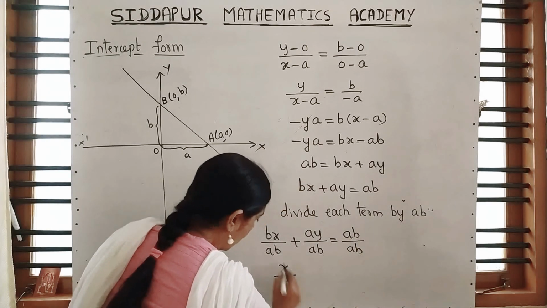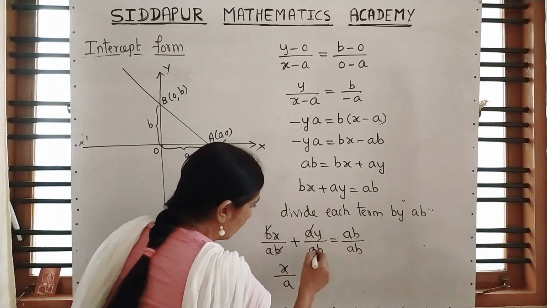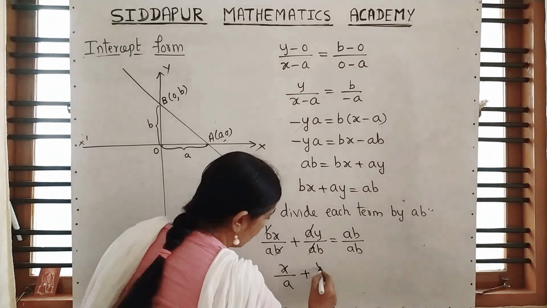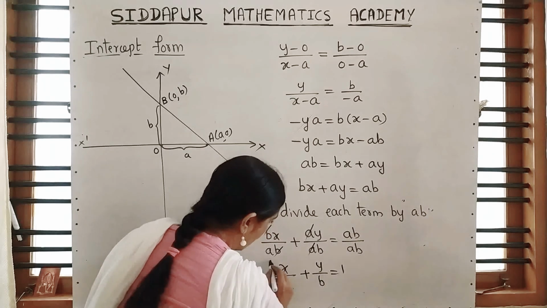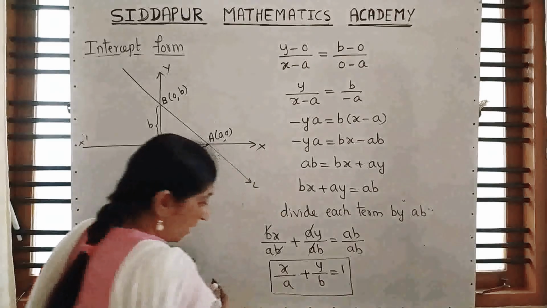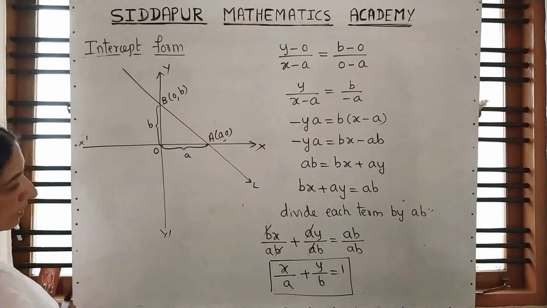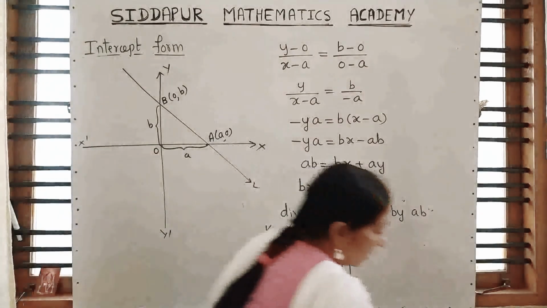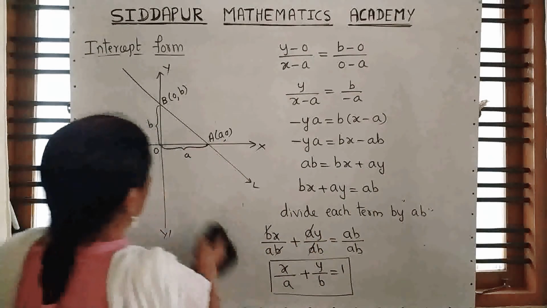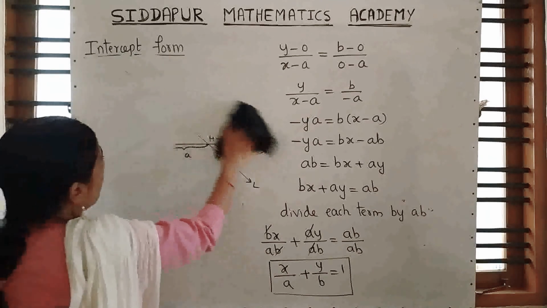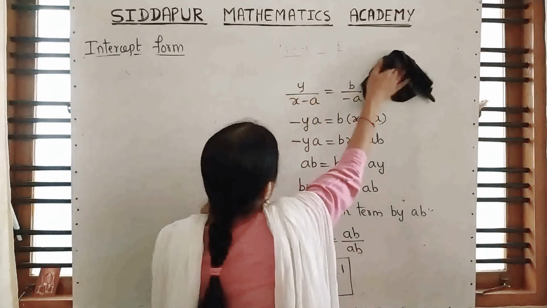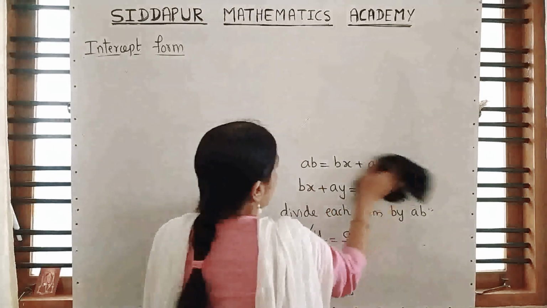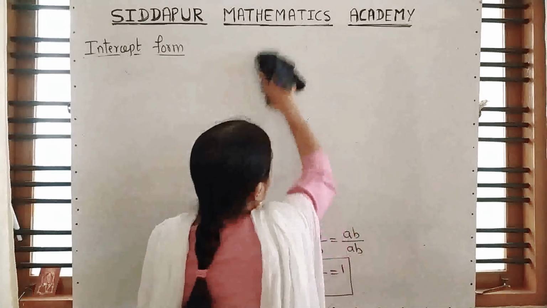So x upon a, here b gets cancelled, here a gets cancelled, plus y upon b, both ab get cancelled, is equal to 1. So x upon a plus y upon b is equal to 1. See the derivation carefully. Therefore, thus the equation of the intercept form of a straight line with x-intercept a and y-intercept b is, write on the last line.